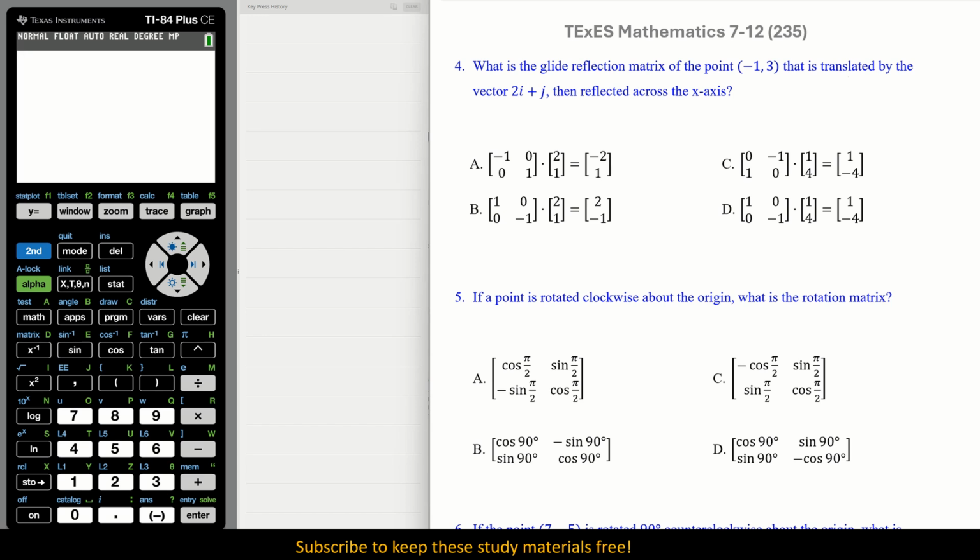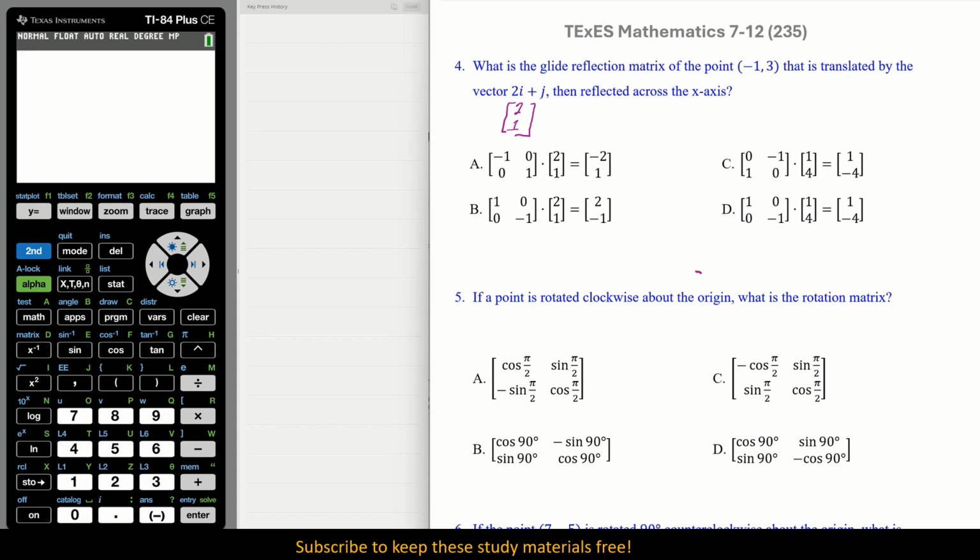I say that because our options, our A, B, C, D options, actually are showing the second part. Okay, so we should know that this is 2, 1 as far as our translation matrix, okay?